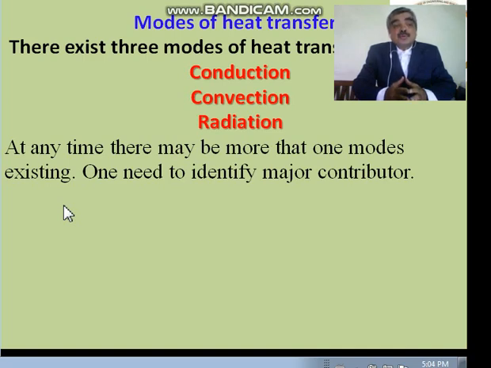Sometimes we may need to consider two modes, sometimes maybe only one mode, because the other modes may be negligible. So as an engineer, our work is first to identify the major contributor for the heat transfer.